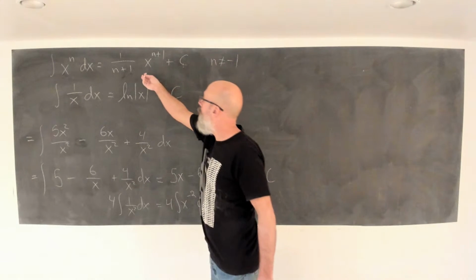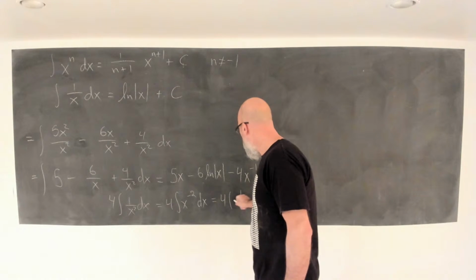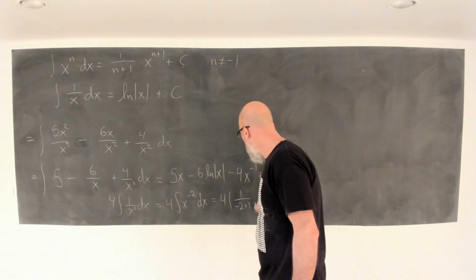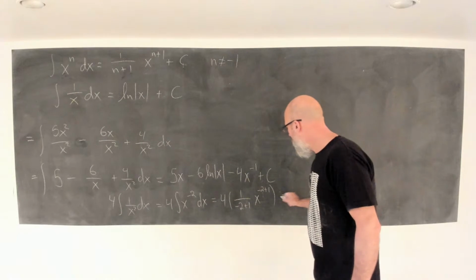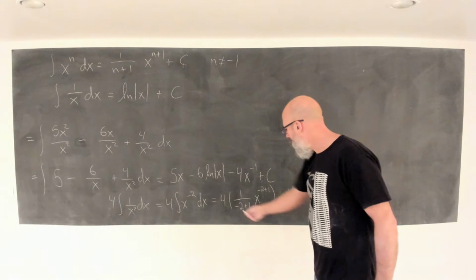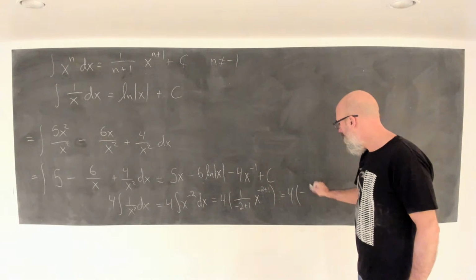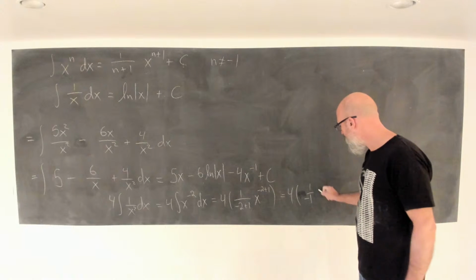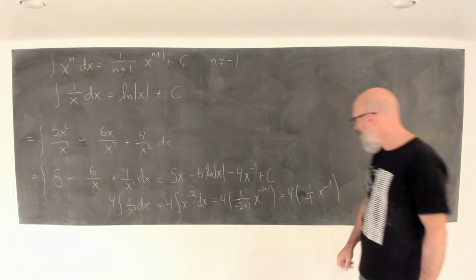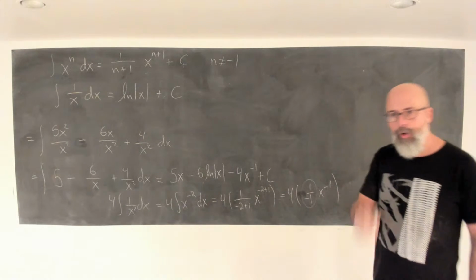So the antiderivative of x to the negative 2 is 1 over negative 2 plus 1, x to the negative 2 plus 1. Negative 2 plus 1 is negative 1. So there it is. This is negative 1. That's why it's minus.